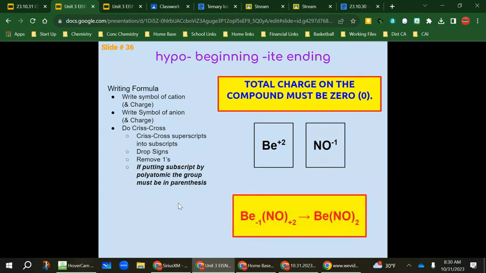So the 1 comes down by the BE, the 2 comes down by the NO. We leave the parentheses because we're going to leave that 2 there, ladies and gentlemen. This is no different when you're writing a compound. We are still doing the crisscross method. We are still reducing into lowest terms. And we are still putting our polyatomic in parentheses if they are going to have a number by them. Questions?